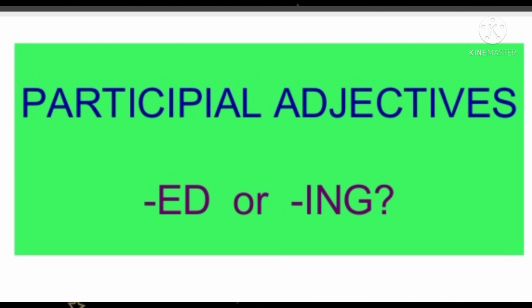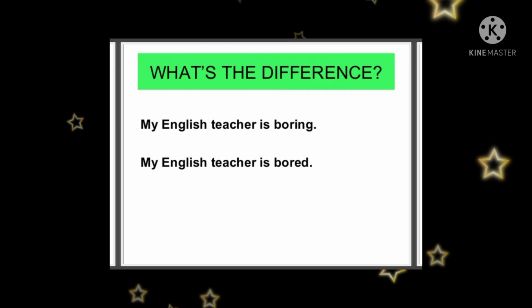Write, wrote, written. Written is called the participle or the past participle form of write. Also, -ing forms of verbs are called present participle. So, using these -ed or -ing forms of verbs, we are able to form adjectives.